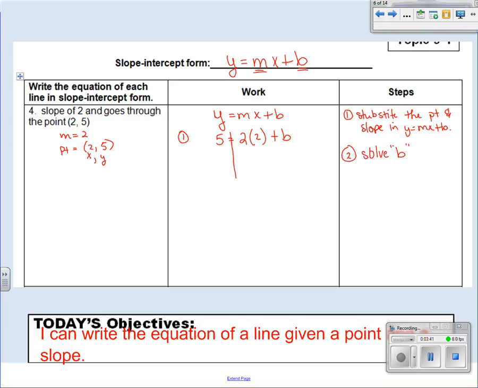Step 2 is we're going to solve for b. So solving for b, we have 5 still there. 2 times 2 is 4. We have a plus b. The goal is to get the b by itself, so we need to get rid of the 4. We're going to do the opposite of the 4, which is -4, so 5 minus 4 is 1, and we are still left with b.